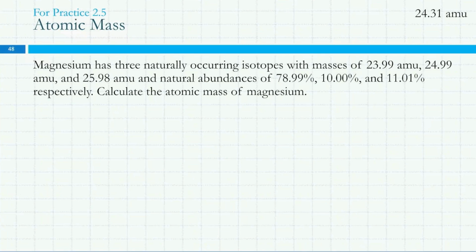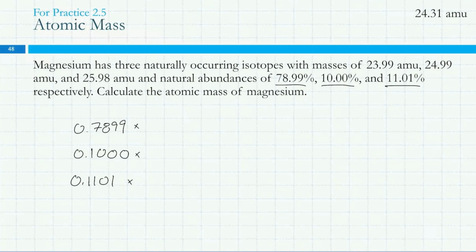Okay, so we can take each of these, and when we convert to a proportion by dividing by 100, you can rewrite them as 0.7899, 0.1000, and 0.1101. I like laying it out this way.